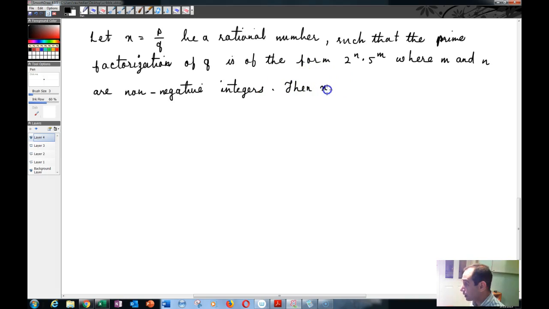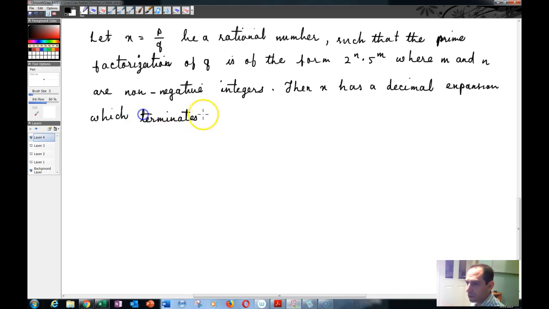Then x has a decimal expansion which terminates. That's basically this theorem. I call it theorem n, for example, n3, something like that. Okay, so that's basically that.